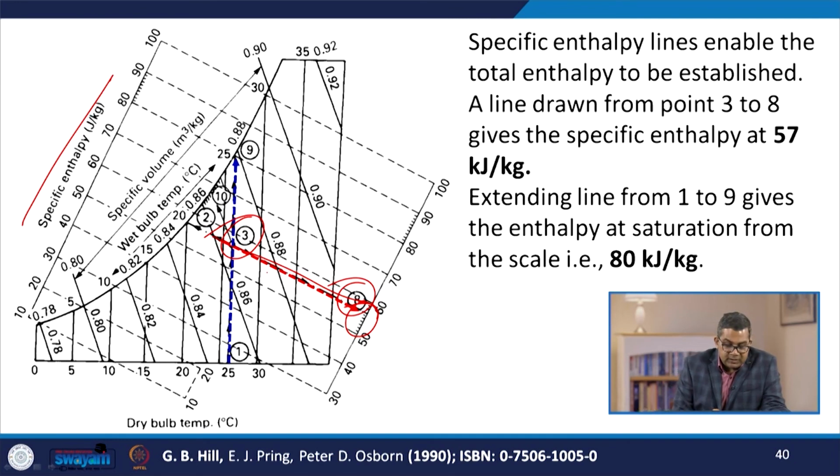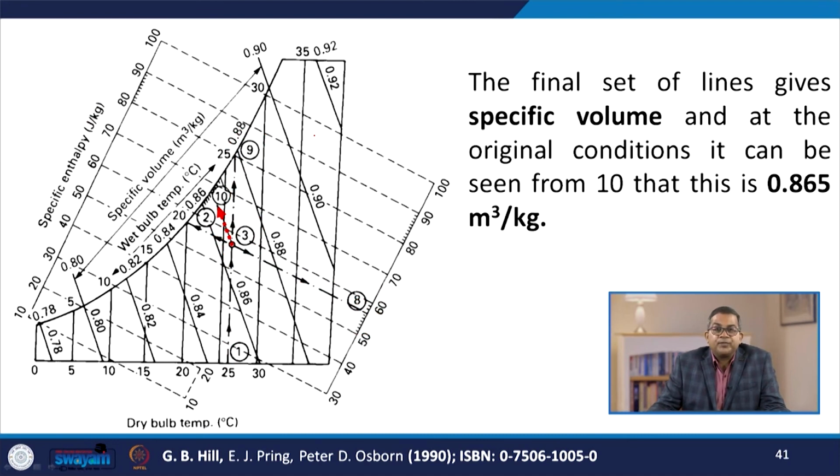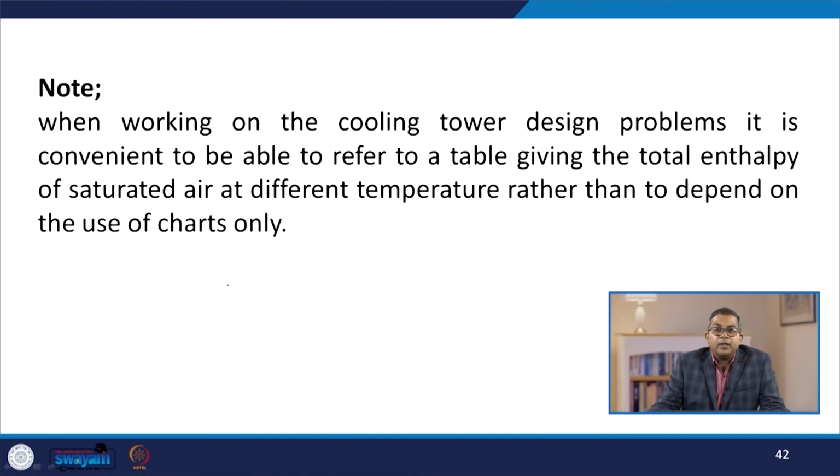If we extend this line further to point number 9 here, it gives the enthalpy at saturation from the scale, and this comes out to be nearly 80 kilojoule per kilogram. The final set of lines gives the specific volume, and the original condition can be assessed, and that is 0.865 meter cube per kilogram.